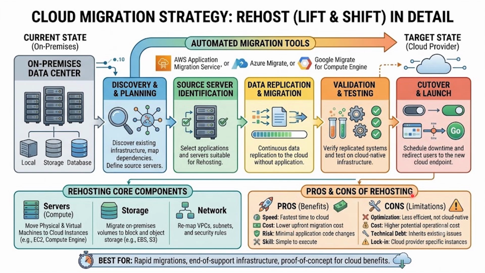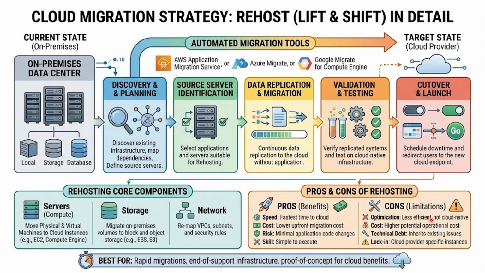Now we have some limitations as well, or the cons. So the first one is the lack of optimization. Here you are moving legacy architecture directly into an elastic environment. So that means your workloads are not cloud native. Okay. Also, there is higher optimization cost.